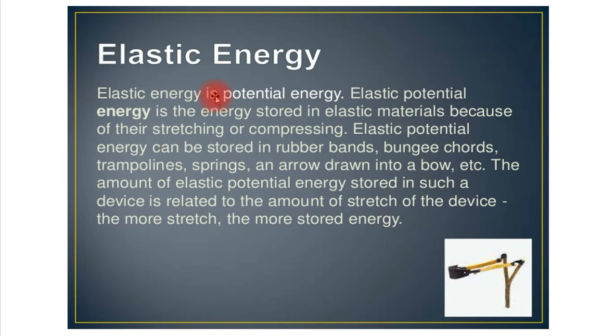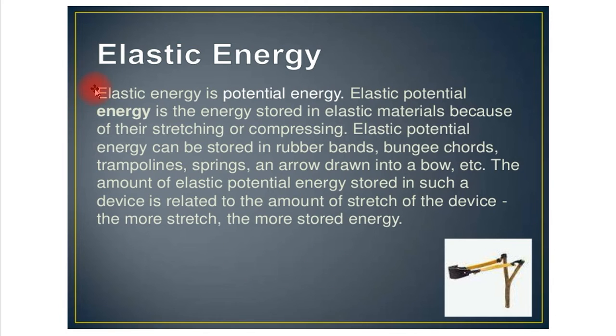So elastic energy is a potential energy, okay? And elastic potential energy is the energy stored in the elastic material. Elastic material, in this case, is a rubber band. In the case of the bow and arrow system, it is the bow or the bamboo, okay? And in the case of a spring, you have also seen the spring mass system in a pistol, okay?